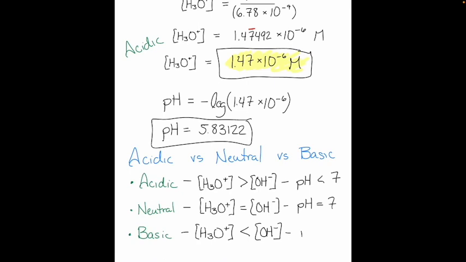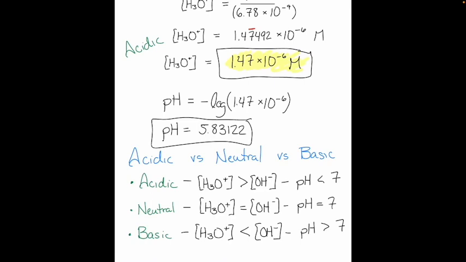And if you have a basic solution, then the pH is greater than 7. So again, we looked at our concentrations to determine that this was an acidic solution. We can convince ourselves that we get the same answer if we look at our pH, right? A pH of 5.8 means that we have an acidic solution.